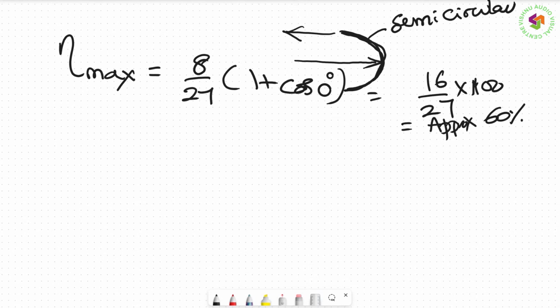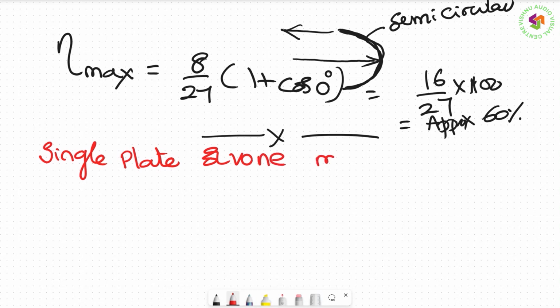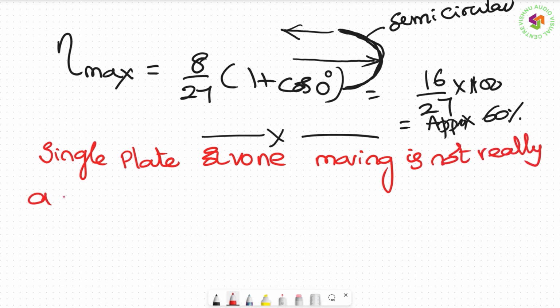Then one question I will ask at the end. A single plate or vane moving is not really a practical case.